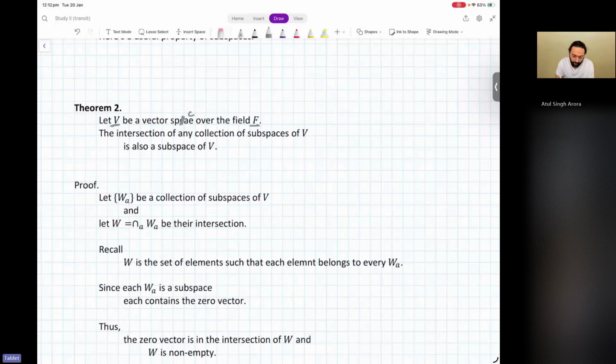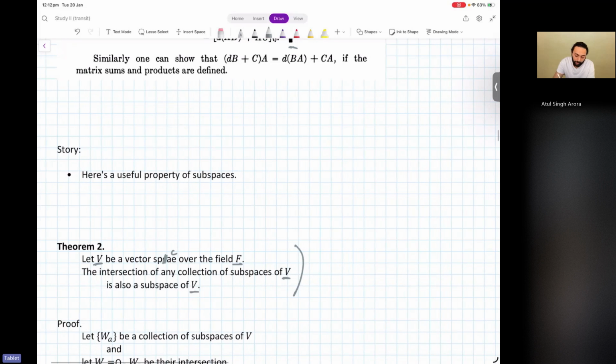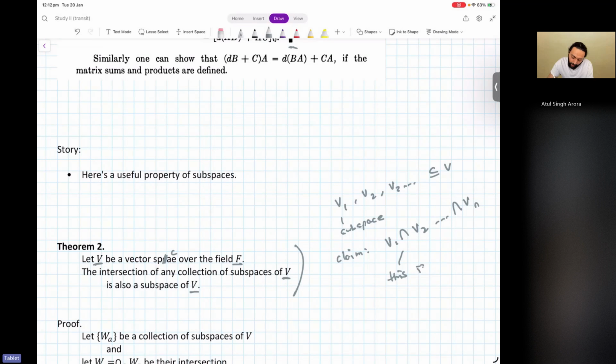Okay, so let's just take a moment and try to understand the statement. Suppose you have V1, which is a subspace as well, so it's a subset of V. Suppose V1, V2, V3, and so on are all subspaces of V. The claim is that when you take the intersection, V1 intersection V2, and so on, intersection Vn, this is also a subspace.